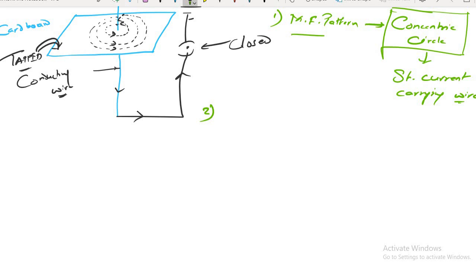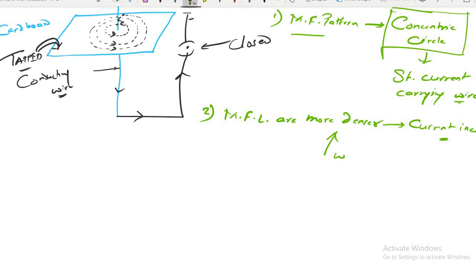The magnetic field lines are more dense when current increases. So when current increases, these magnetic field lines are more dense.